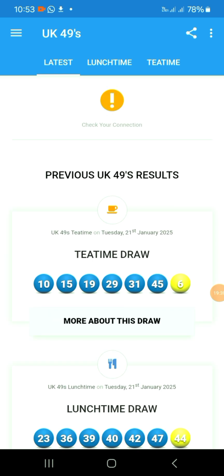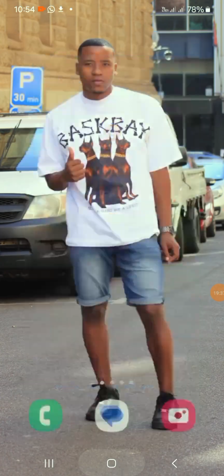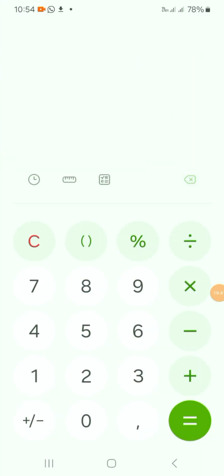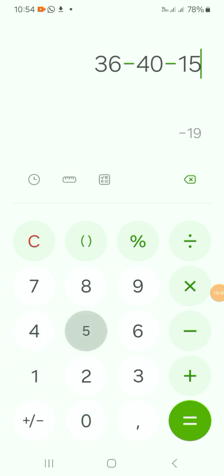Now, the best part about this is, if you can get your calculations correct from lunchtime and tea time, you can make a train, something like this one. We were able to predict 36 and 40 on lunchtime, and also 15 and 45.